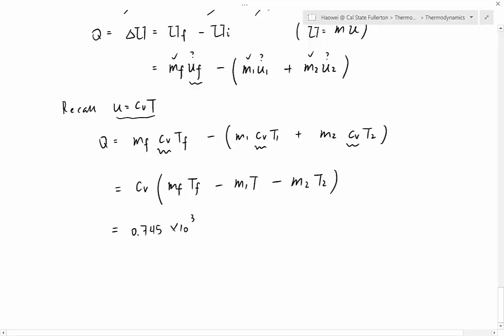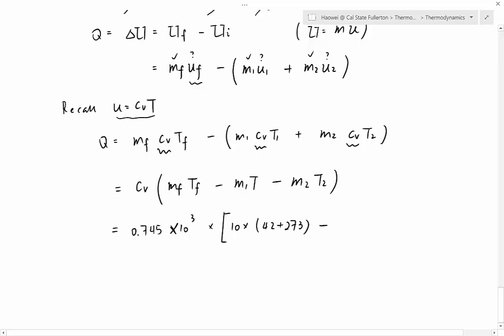Okay, so now it's SI unit. Multiplied by MF, final mass, like we said, is 10 kilogram. What is final temperature? Final temperature is given, which is 42 Celsius. Be careful here because you have to make sure you use Kelvin.